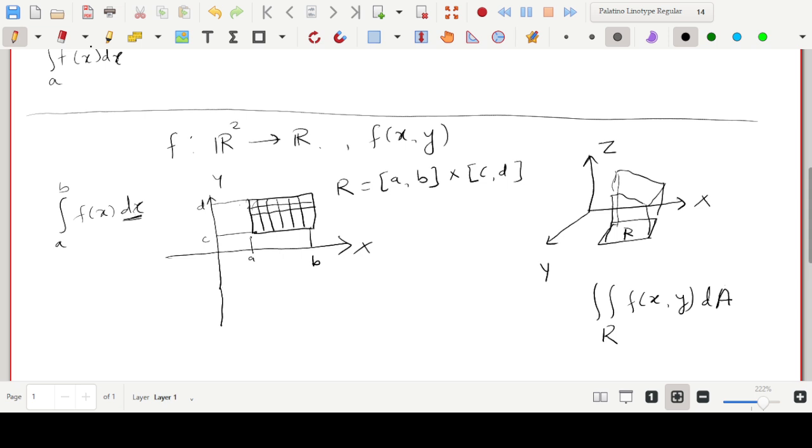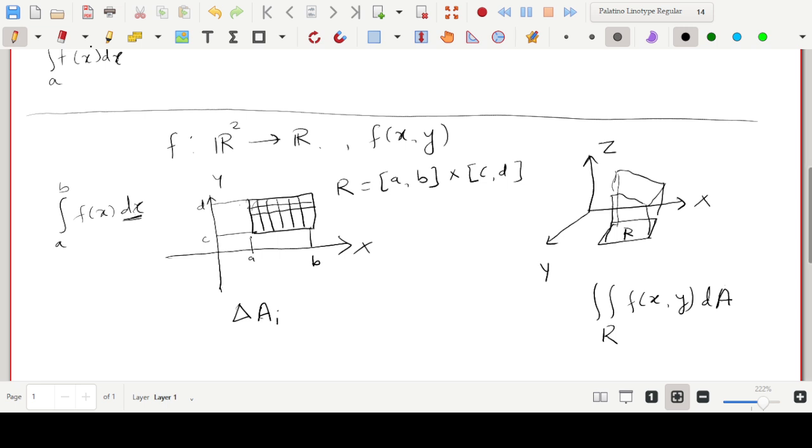Every rectangle, let's say, we shall index this set of all small rectangles by I, and the area of every small rectangle, let's say, is delta AI.